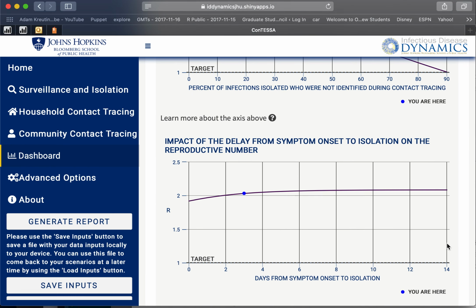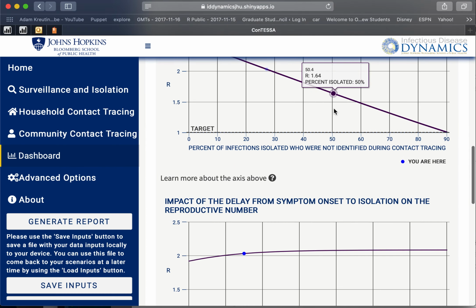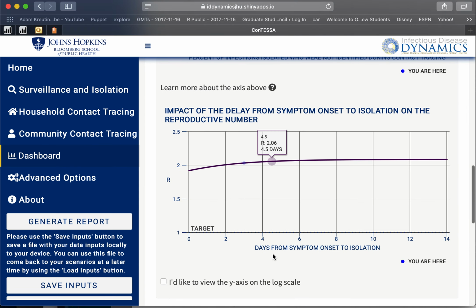And this shows us basically if we could speed up our contact tracing, how that would improve our effective R. And we really don't show too much improvement on that front. But if we were able to really drive up this number here, the percent that we're isolating, then this number ends up starting to be more and more important, how quickly we're able to get people into isolation.